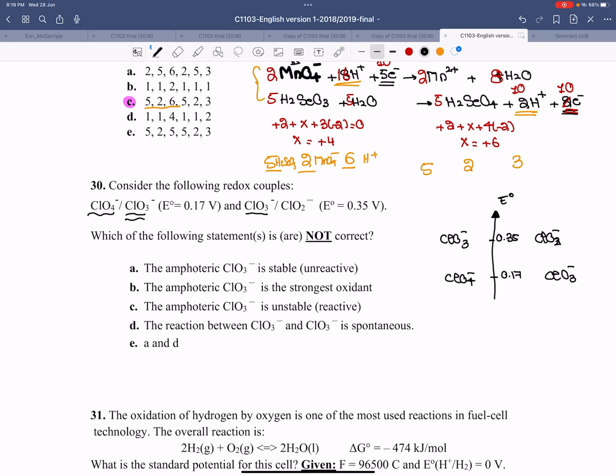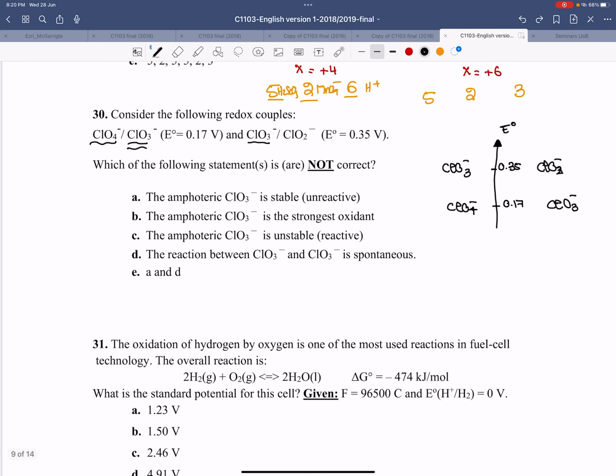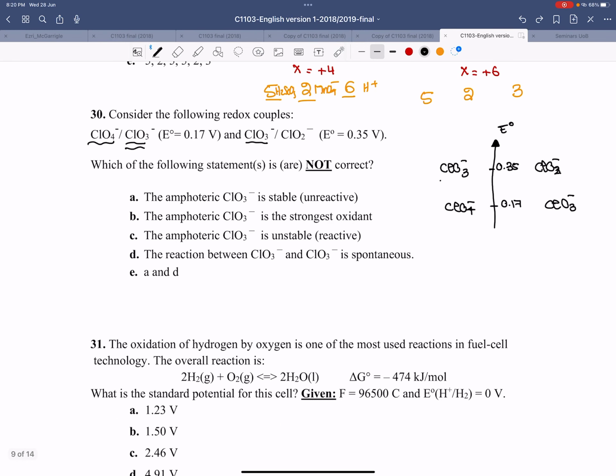If you look, ClO3 minus and ClO3 minus can react together according to the gamma rule to give you ClO4 minus and ClO2 minus.